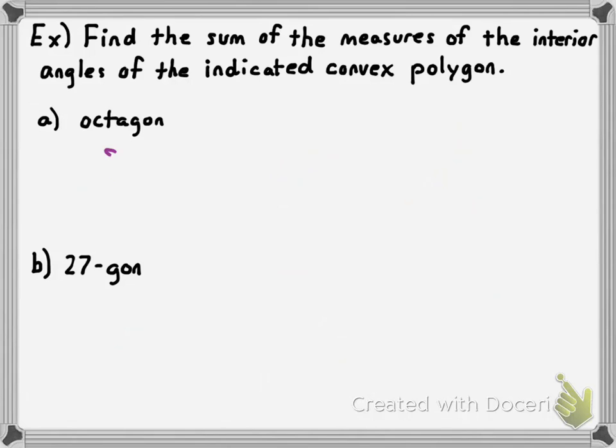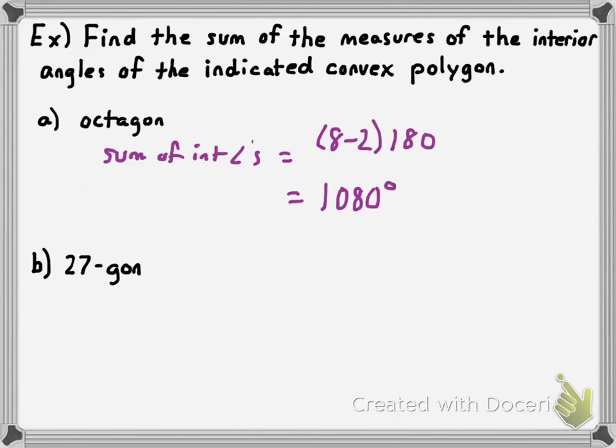So, the sum of the interior angles is going to equal 8 minus 2 times 180, and 6 times 180 is 1,080. All right, there's 1,080 degrees in an octagon.